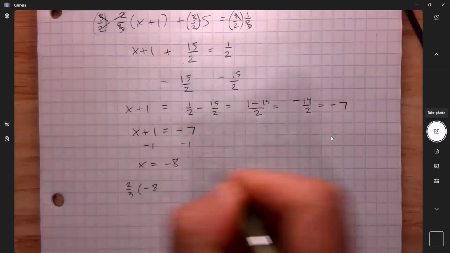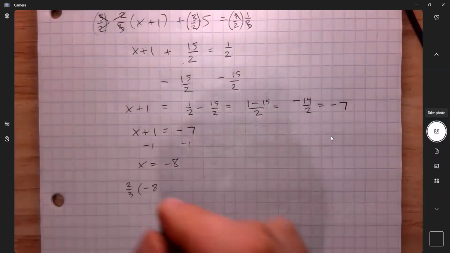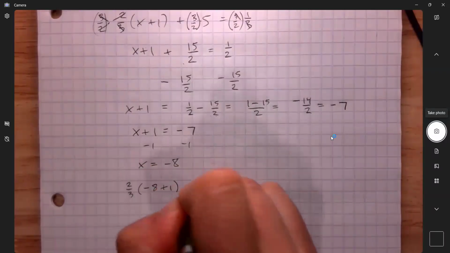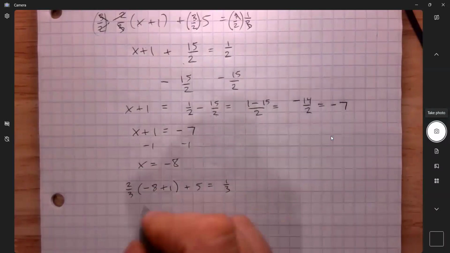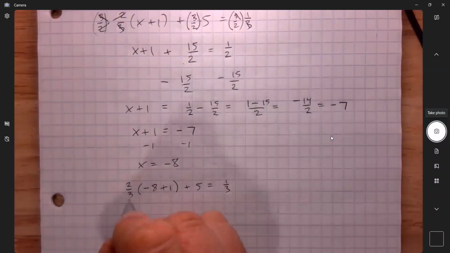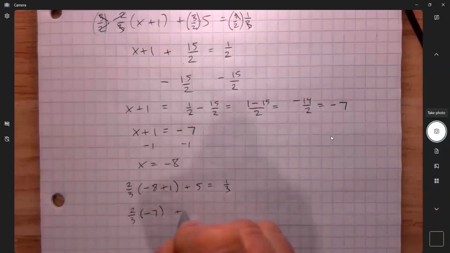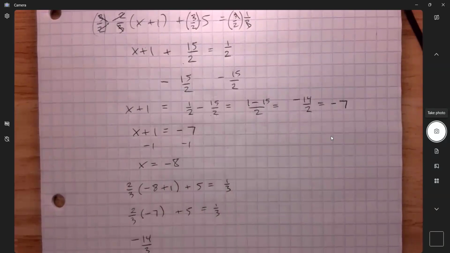2/3 times negative 8 plus 1 plus 5 equals 1/3. So then I have 2/3 times negative 7 plus 5 equals 1/3. 2 times negative 7 is negative 14/3.